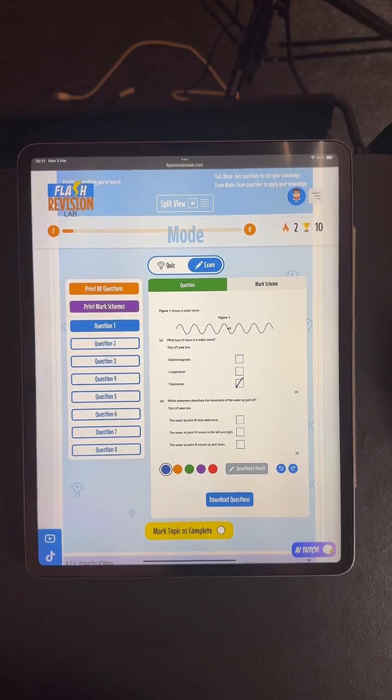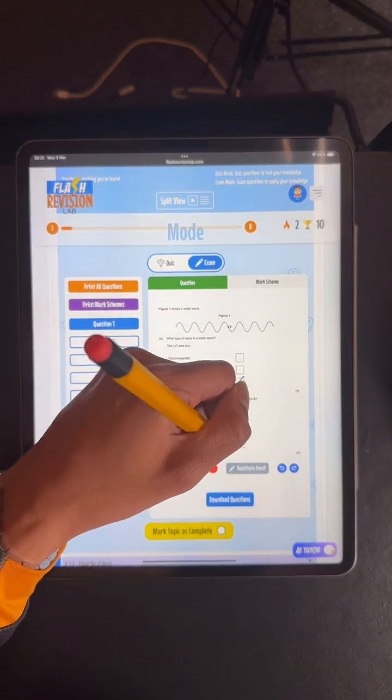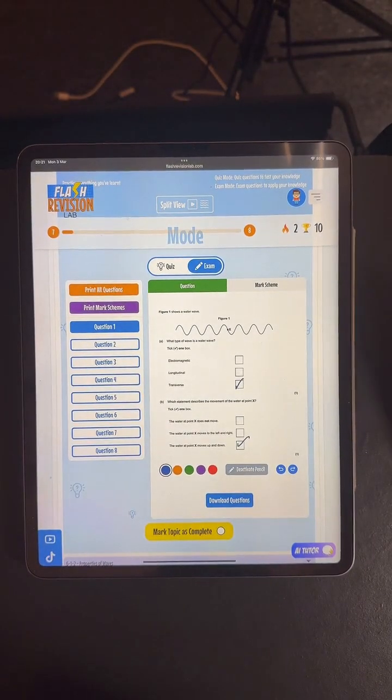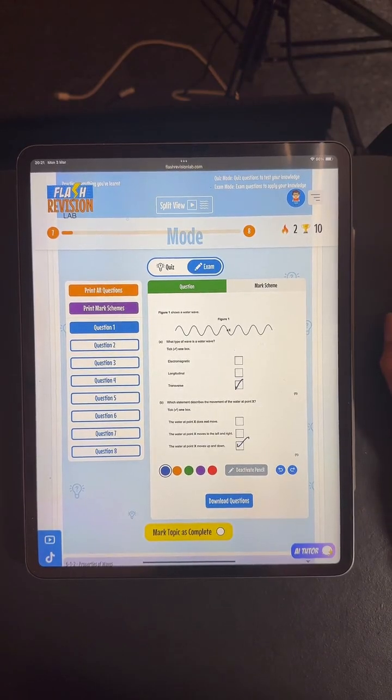So the correct answer is the water at point X moves up and down. In a transverse wave, the oscillations are up and down as the energy moves from left to right, so perpendicular to the wave direction. Whereas for a longitudinal wave, the oscillations move left and right, Geordie. So left and right would be for a longitudinal wave, but in this case, it is a transverse water wave, so the answer is up and down.